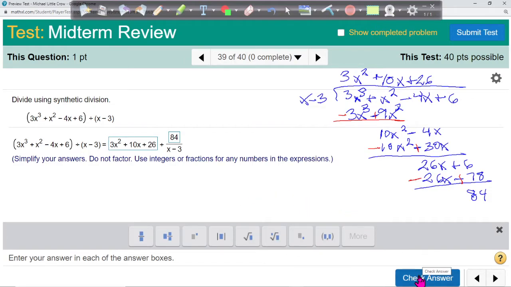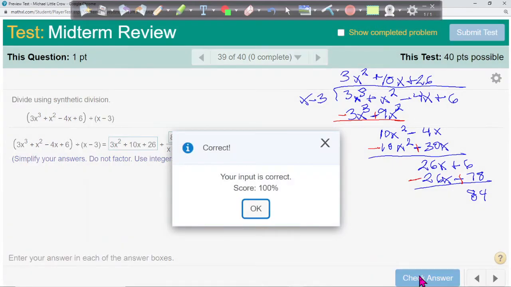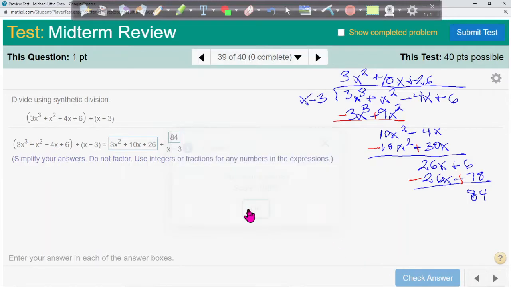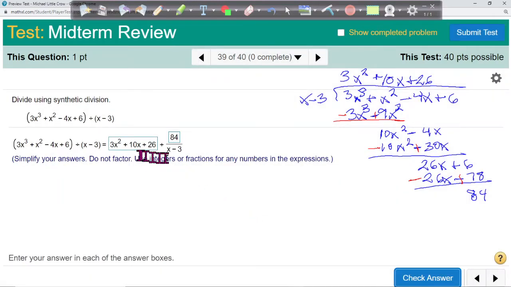Check our answer. Hey, we made it. So beautiful to see that it's all correct. And again, it's just tedious to go through, and it's so easy to make arithmetic errors as we go through it, but pace yourself, keep focused, you'll do well. Practice. Go through this. You're getting yourself really well ready with these.